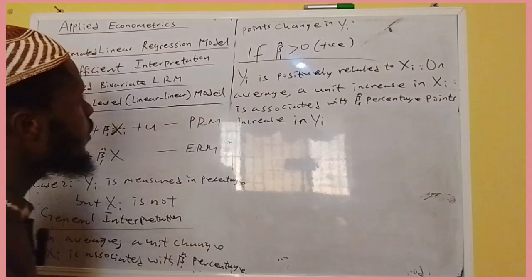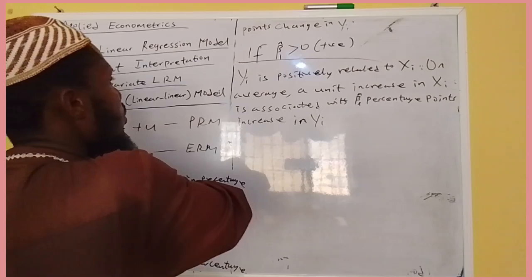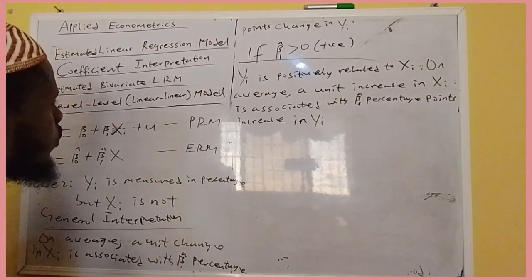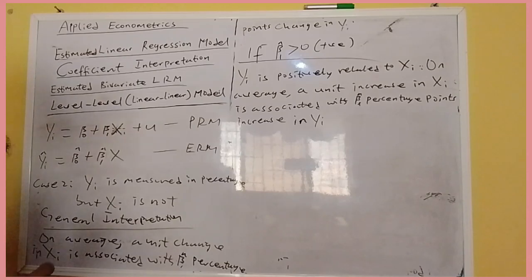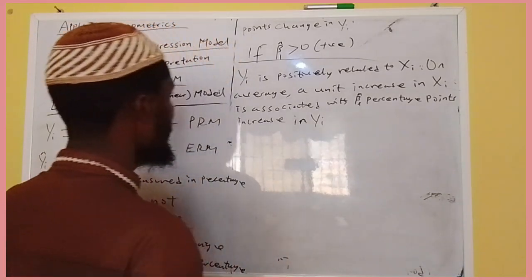Why is this so? Because this coefficient is positive, and when the coefficient is positive, it implies that y always moves in the direction of the change in x, as explained in the previous video.